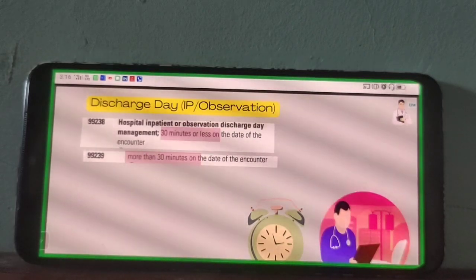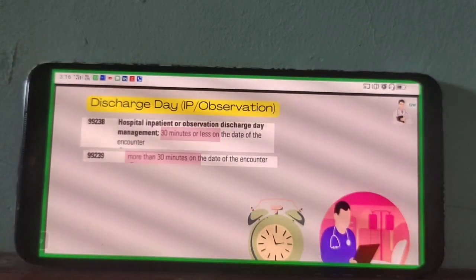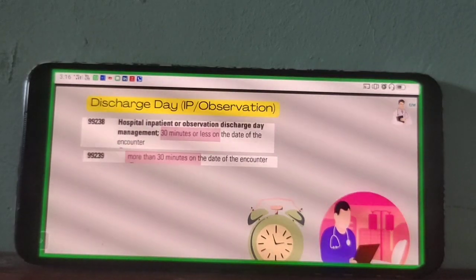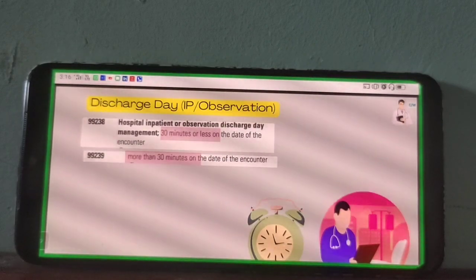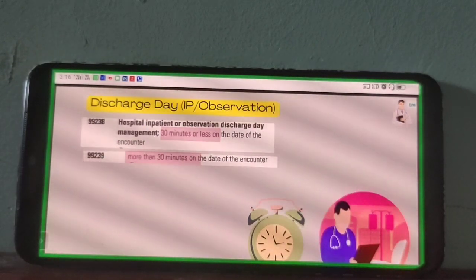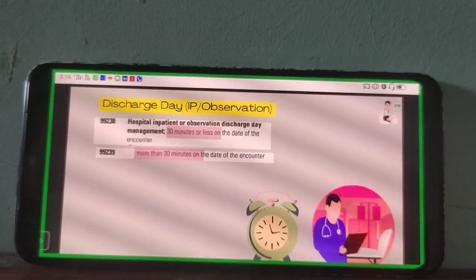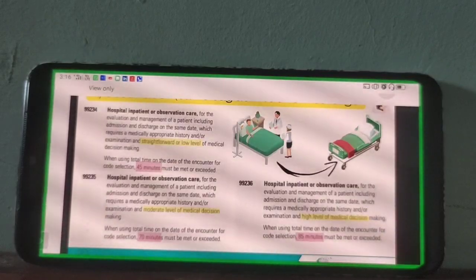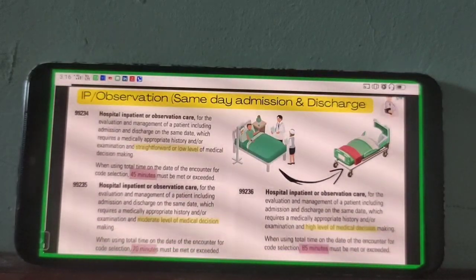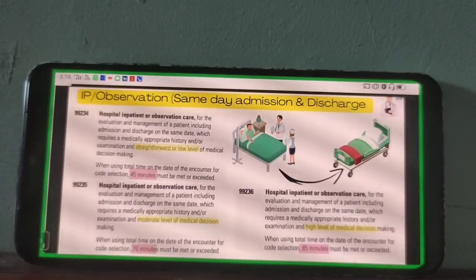Patient admitted on one day and discharged on another day, for example, admitted on Monday and discharged on Friday. Then suppose a patient is admitted and discharged on the same day in the hospital, that means less than 24 hours.